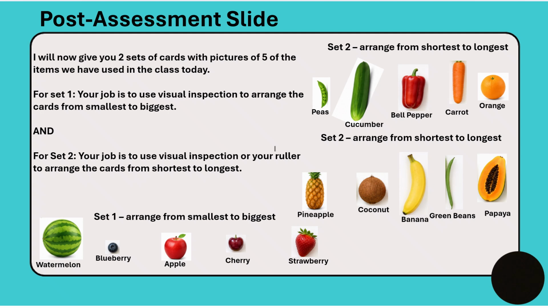This helps students who are still learning how to hold a ruler. Set 2 challenges students to use their ruler to measure the cards and sort them from shortest to longest. This team activity lets me easily see who understands the lesson.